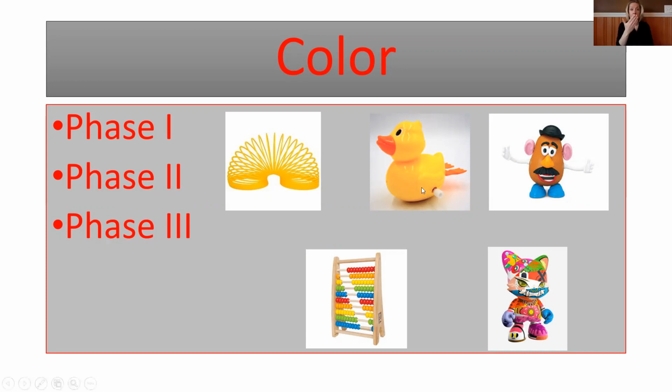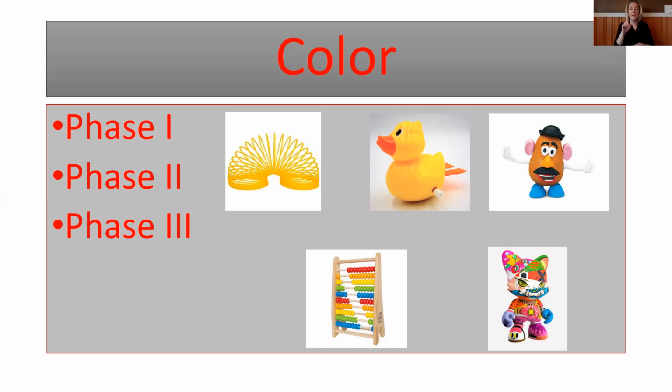And then as we move into phase 2, into low phase 2, we're going to see our students look at objects that are 1 or 2 colors. And remember, if I didn't already say this, huge, our students in phase 1 and low to mid phase 2, we're using 3-dimensional objects. We're not using pictures or anything 2-dimensional.